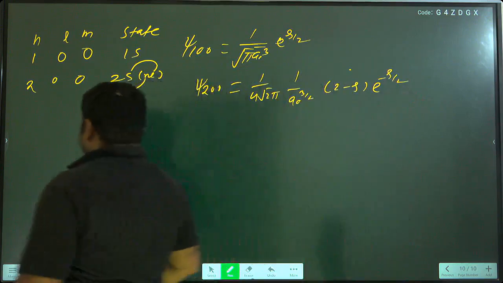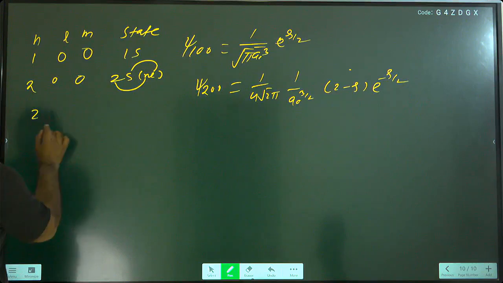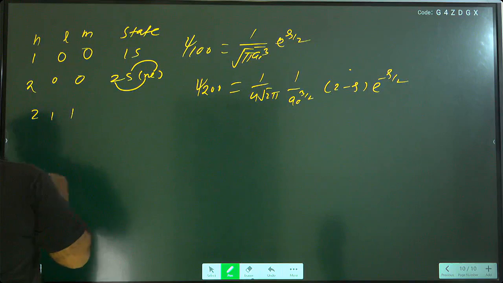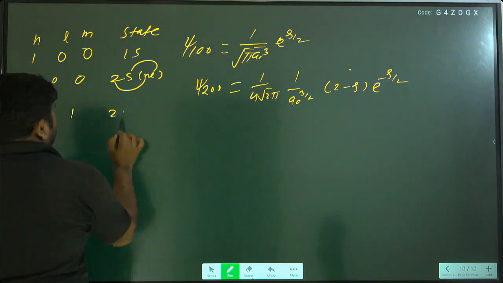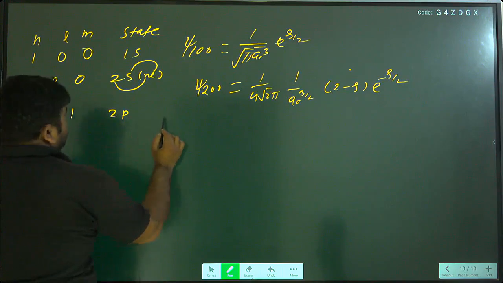Okay, next 2 1 1. 2 1 1 means 2p state. What is the wave function for the 2p state?